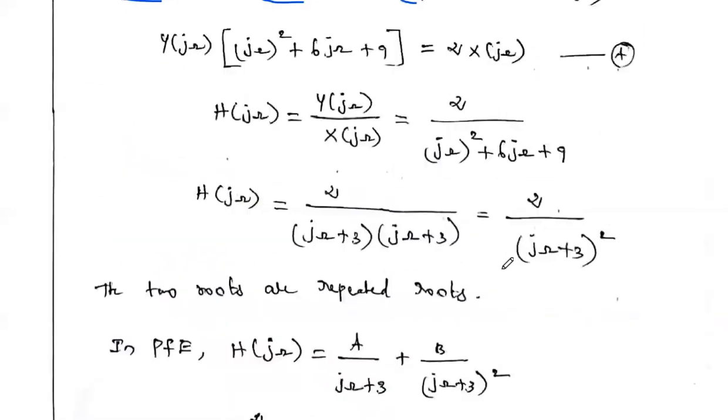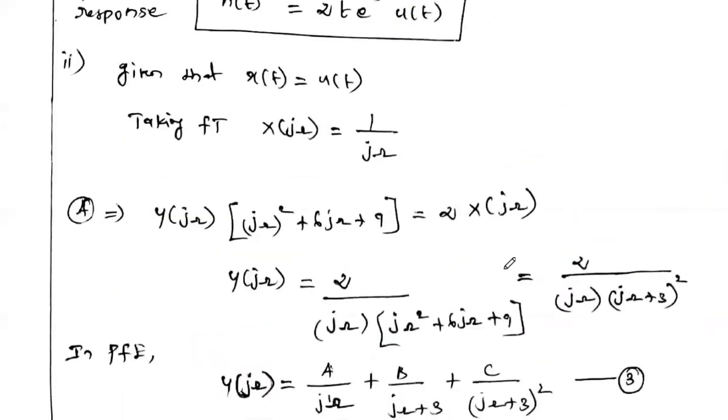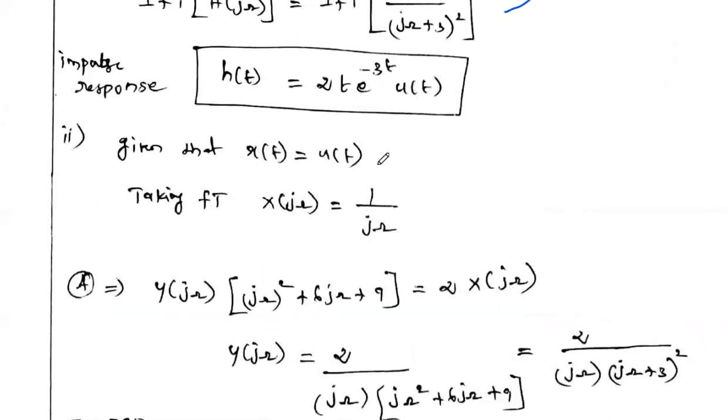So you know that the input x of t is equal to u of t. Take the Fourier transform of the above equation. What is the Fourier transform of x of t? It is capital X of j omega. You know the Fourier transform of the unit step signal u of t, which we derived in the second unit: it is 1 divided by j omega.